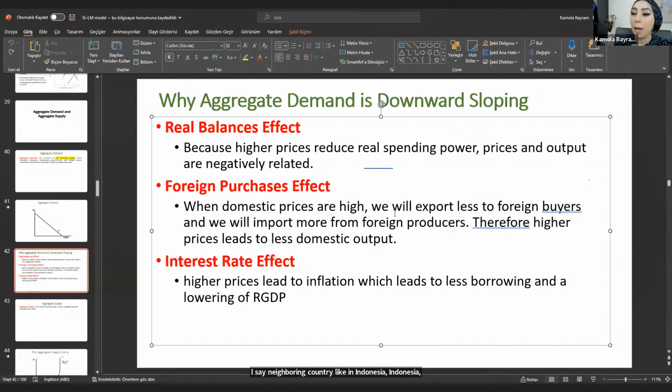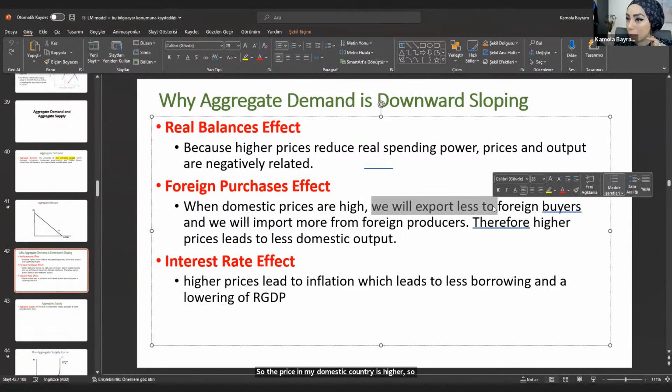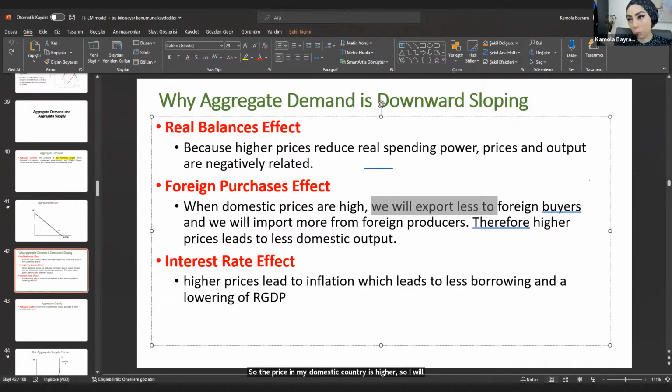I can sell my coffee for 2 USD in Indonesia, but if I want to sell the same good in Thailand, it will be 1.5 USD. So the price in my domestic country is higher, so we will export less. I will not export my good to Thailand because I make better profit in my country. Okay.